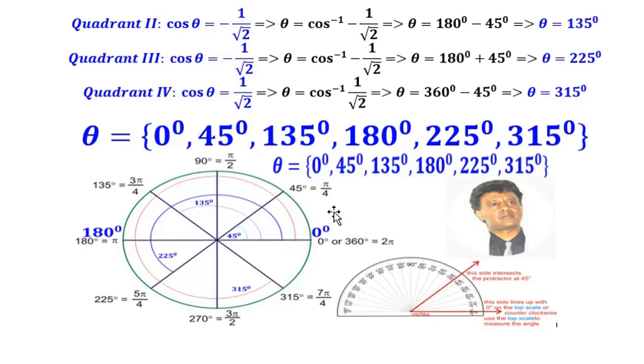And that's the complete solution. 0 degree, 45 degree, 135 degree, 180 degree, 225 degree, and 315 degree. A total of 6 solutions, 4 in the quadrants and 2 quadrantal angles.